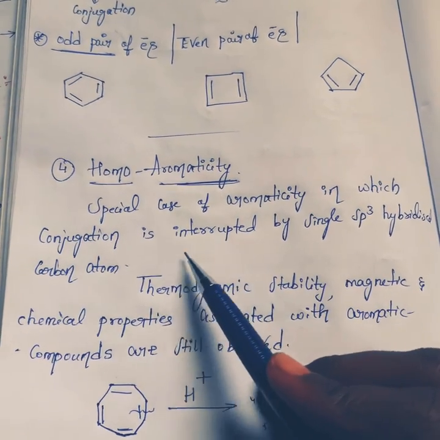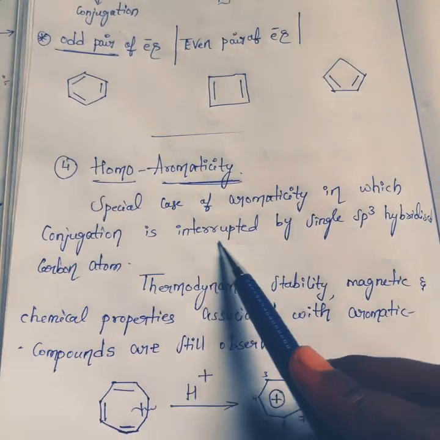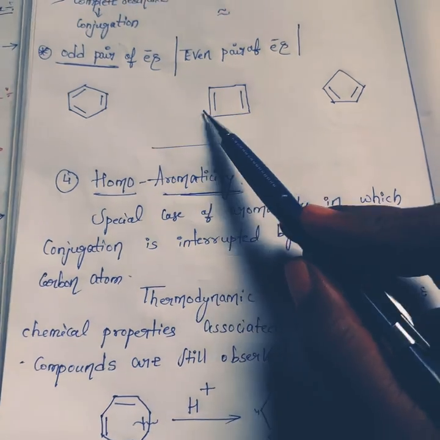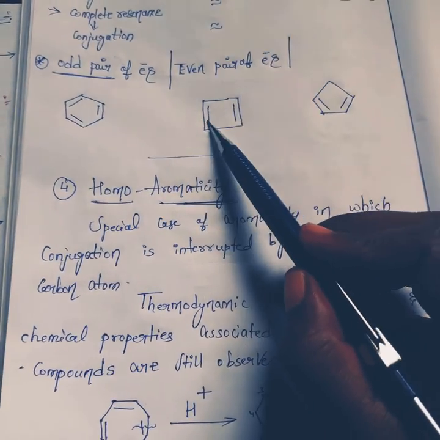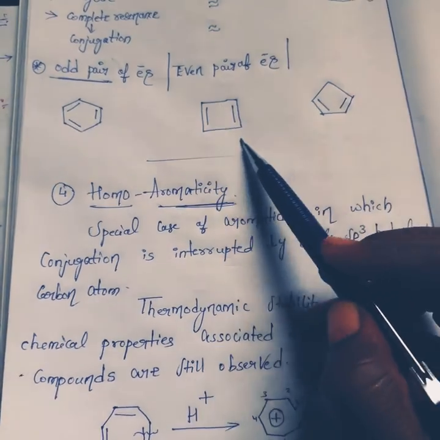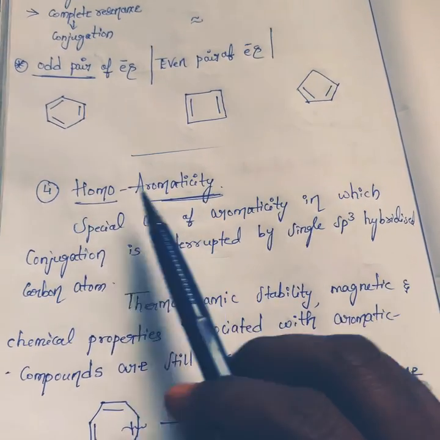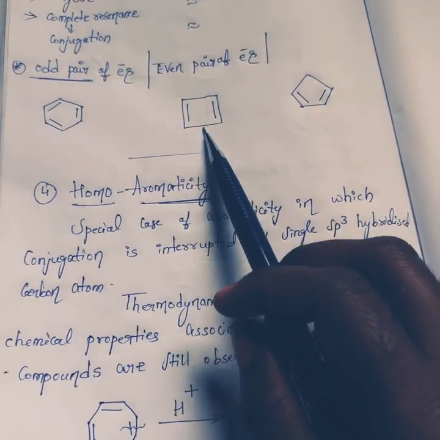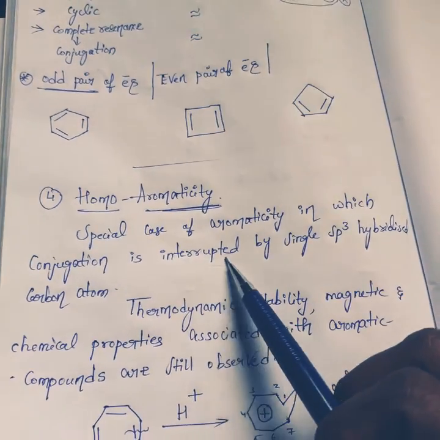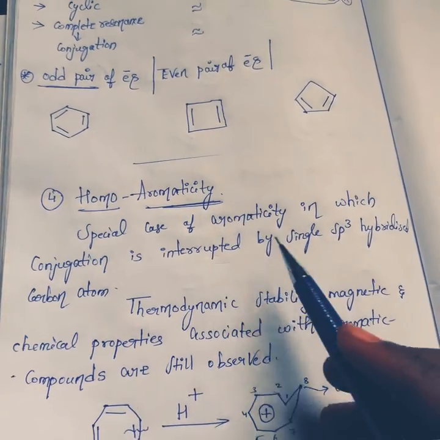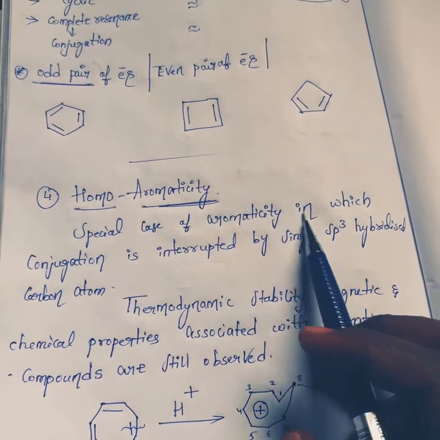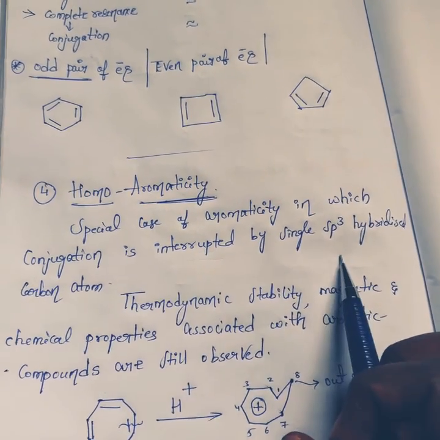Here conjugation is interrupted. We know conjugation means alternate double bonds: double, single, so here the conjugation is present. But in the case of homoaromaticity the conjugation is interrupted by a single sp3 hybridized carbon atom.